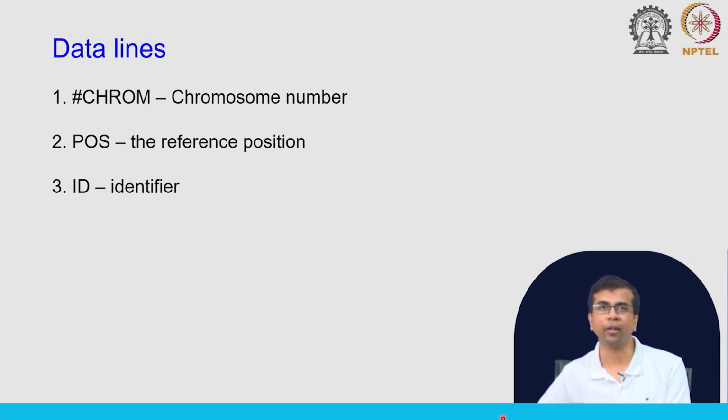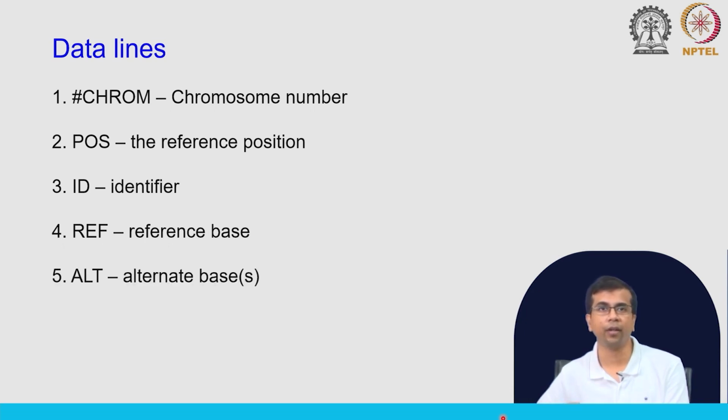This comes from looking at some databases and identifying whether this variant is present in another database and has been given an ID, and this ID is then linked here. Fourth, you have the reference base, the base that is present in the reference sequence. The fifth field is the ALT or alternate field that contains the alternate bases.